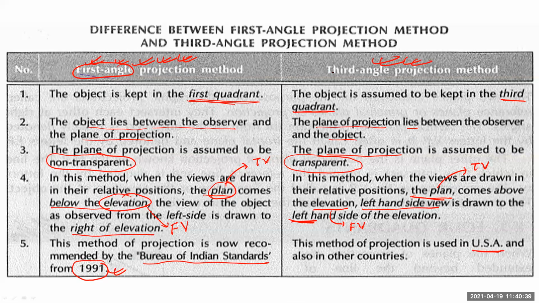Okay, so this is the difference between your first angle projection method and third angle projection method. And now only I am telling you that this is very, very important and you all must know this for your examination point of view, for your job interview point of view, specifically for mechanical and civil engineering student. This is very, very important.